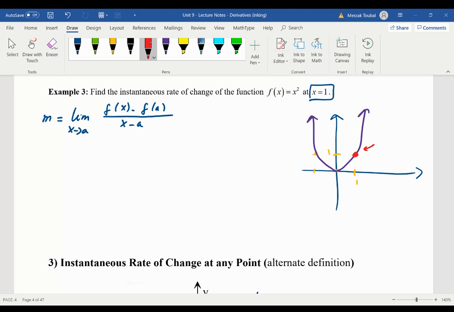So the formula says limit of f of x minus f of a over x minus a as x approaches a. So we said a is 1. So we have f of x minus f of 1 over x minus 1 as x approaches 1.